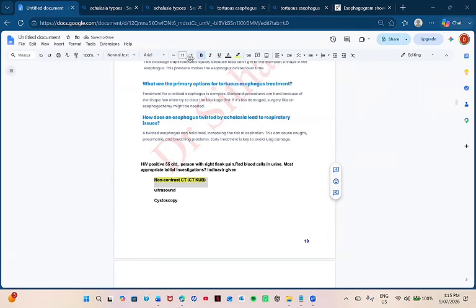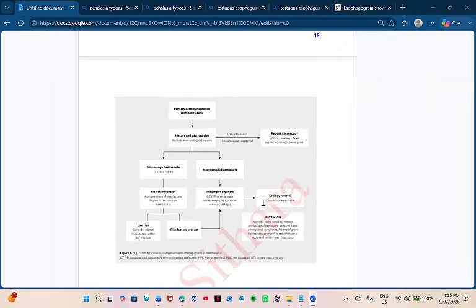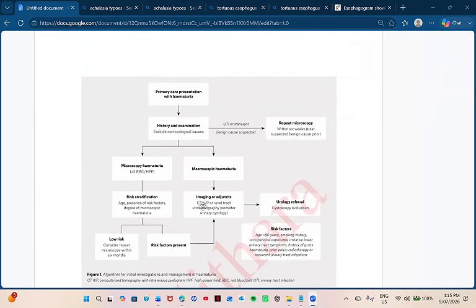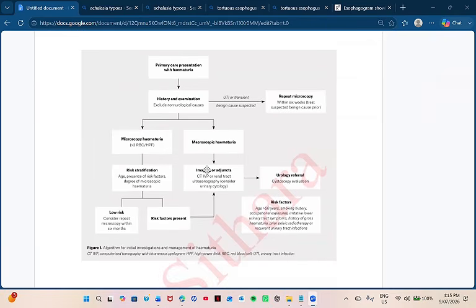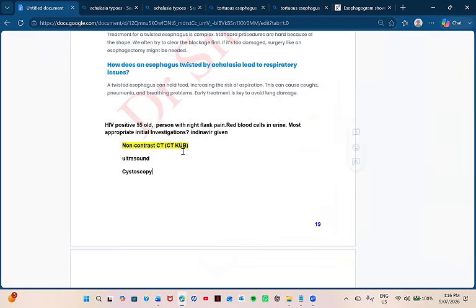But Dr. Sitara, in the guideline flow chart, it's written either CT IVP or ultrasonography. Can you revert that? Doctor, I showed it previously when I was discussing the hematuria question. They have clearly mentioned CTIVP is the best one. I have not attached it again because we have already discussed hematuria, its causes and everything.